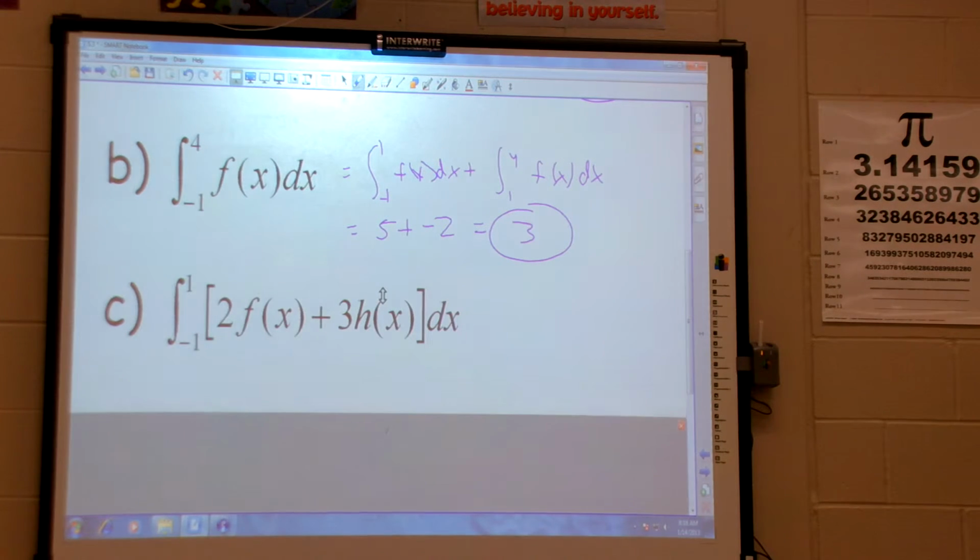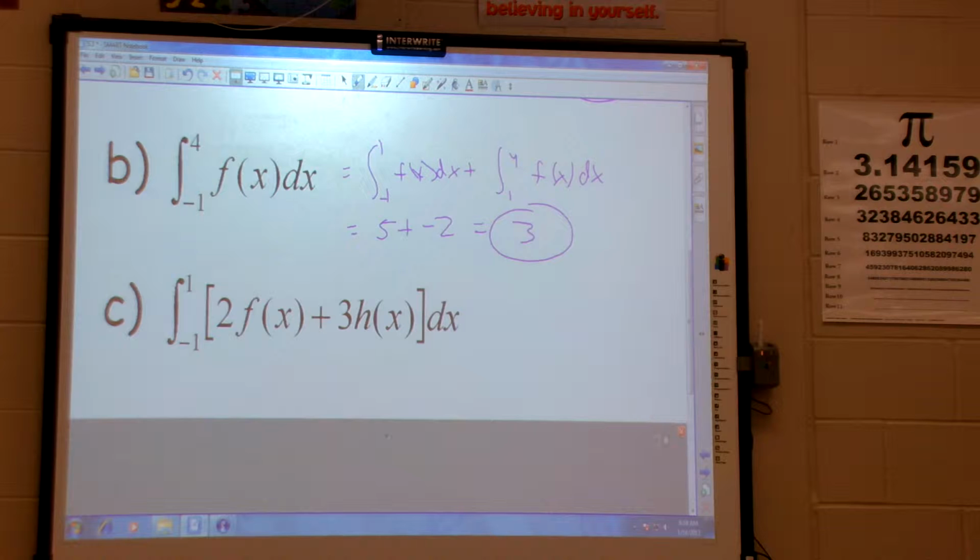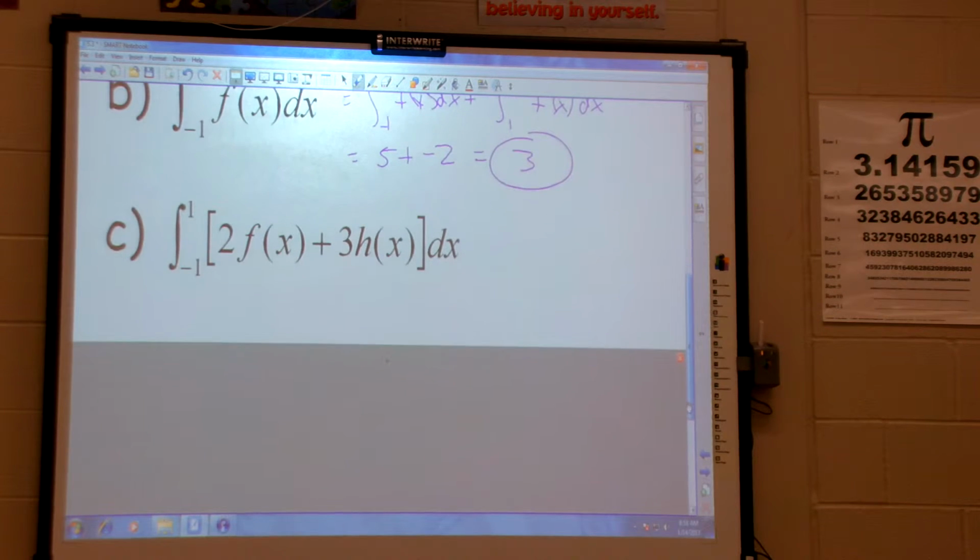Okay, let's do another. I have the integral from -1 to 1 of 2 f of x plus 3 h of x dx. I'm going to go ahead and use two properties here.